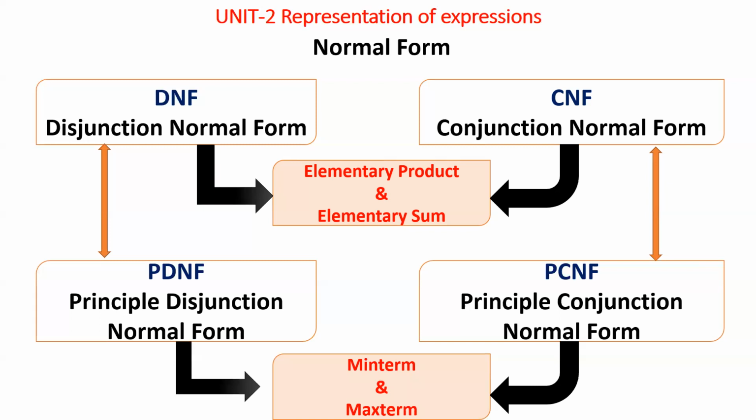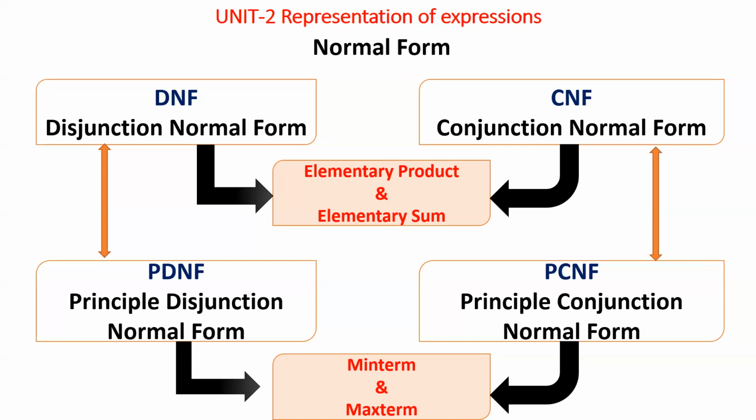Hope all of you are getting clear. So as far as normal form is concerned, we have to understand firstly DNF and CNF. But we should know elementary product and elementary sum, because while defining DNF and CNF, we require elementary product and elementary sum. After making some modification in DNF, we'll get an advanced version of DNF, nothing but PDNF, principal disjunction normal form.